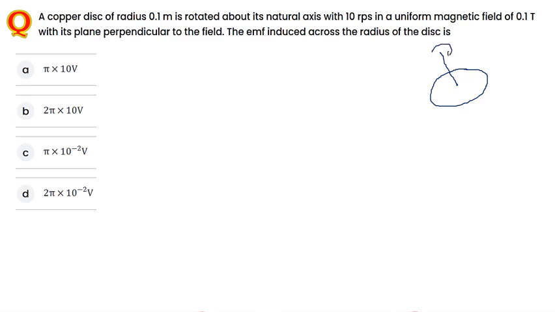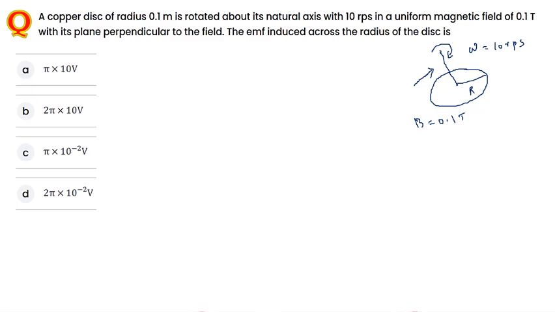This is the rotational axis, and the disc has radius capital R. Here the rotation they have given is 10 rps, 10 rotations per second, and the uniform magnetic field is perpendicular to the plane. So this is the magnetic field, and this is the rotational axis, and perpendicular to the plane they have given the magnetic field 0.1 Tesla. Now, what they are asking here is the induced EMF.